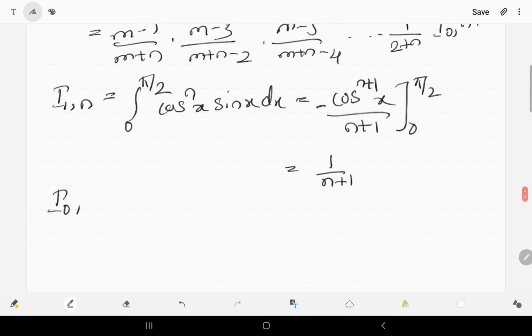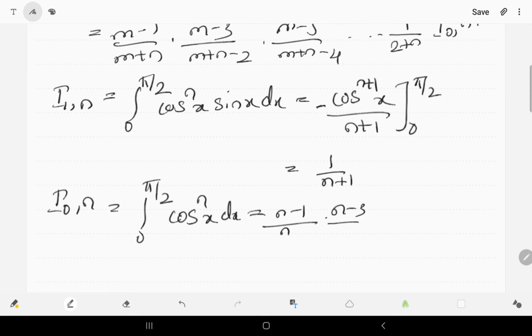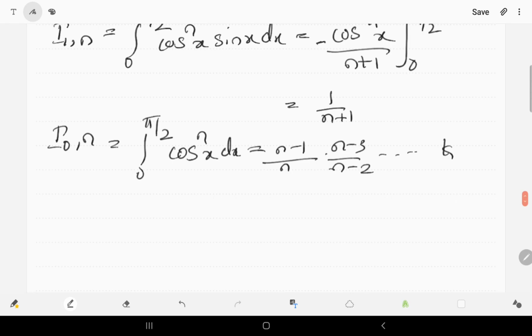Similarly, I of 0 comma n is equal to the integral from 0 to pi by 2 of cos raised to nx dx, whose value we already derived, that is n minus 1, n minus 3 divided by n minus 2 and so on, up to k, where k is equal to 1 if n is odd and k is equal to pi by 2 if n is even.